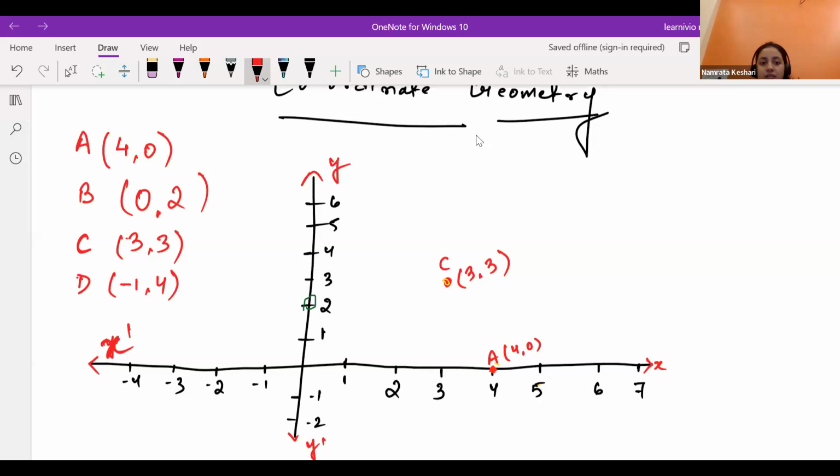You have to annotate. Please locate it. Yes, Farhan, please locate -1, 4.